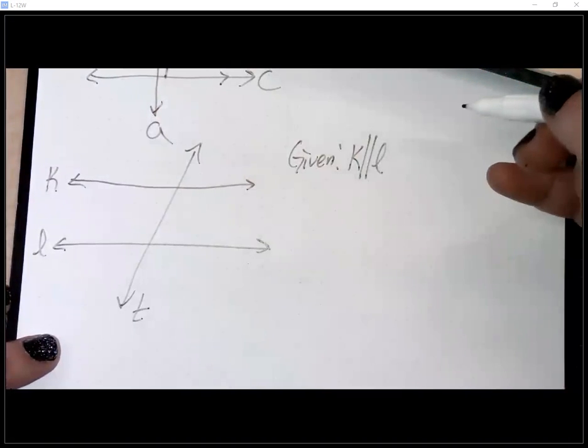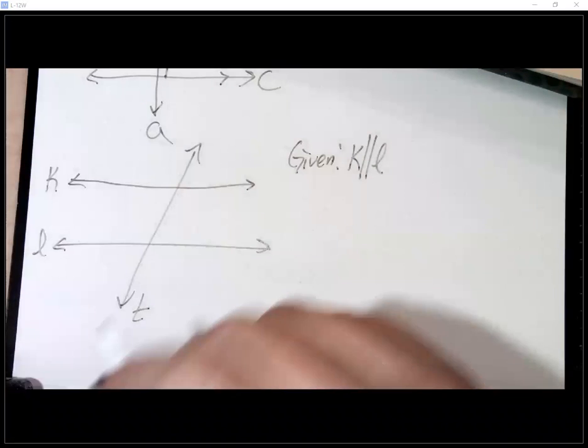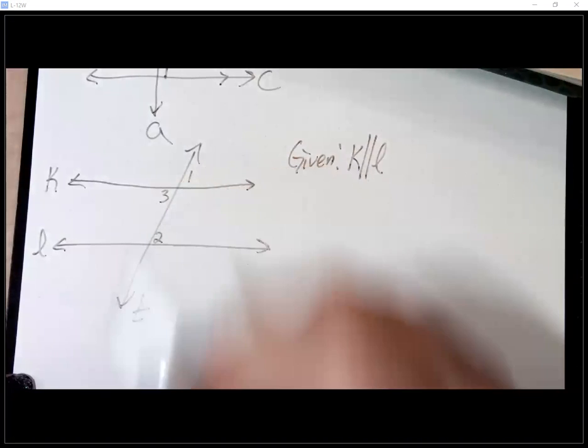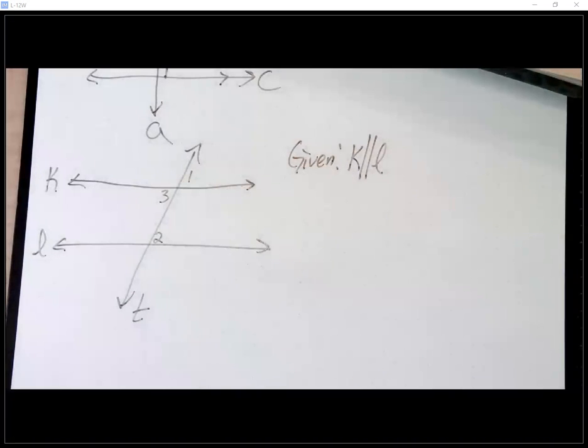Oh, and we have some angles. Let me number them: 1, 3, and 2. Just like that. Okay, K is parallel to L.